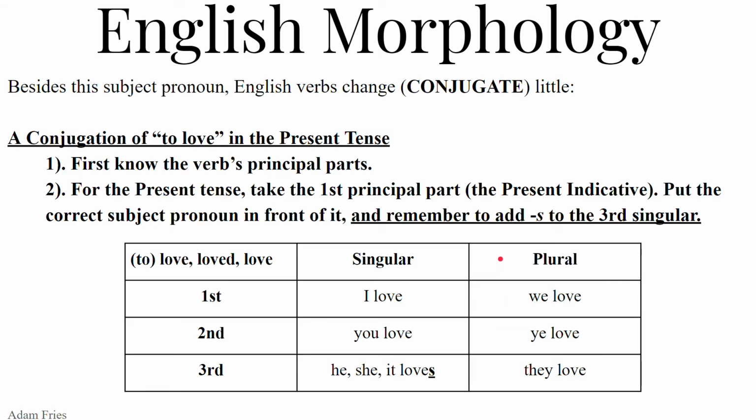So to conjugate, that means to change or morph this verb in English's present tense, here's a step-by-step process. To conjugate the verb to love in the present tense, you first need to know the verb's principal parts. So go ahead and say the following sentences.